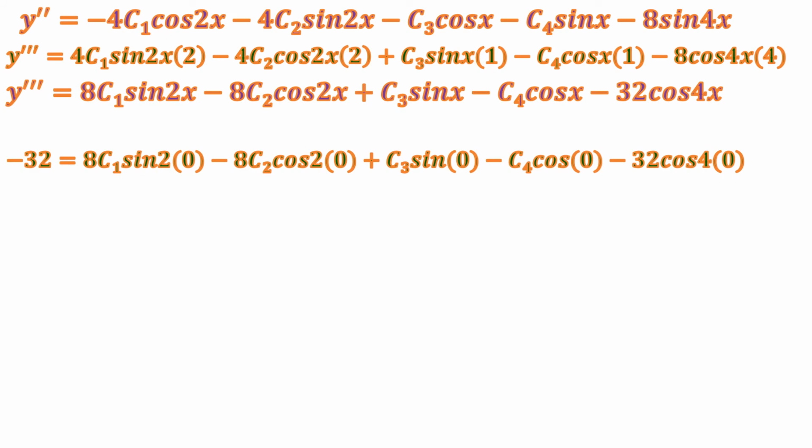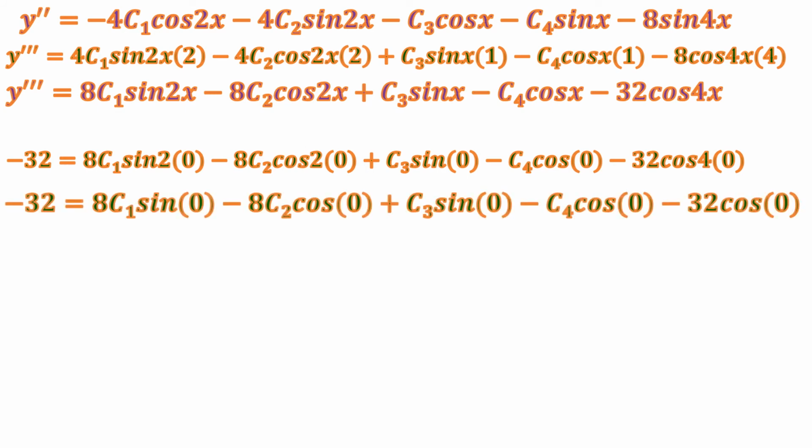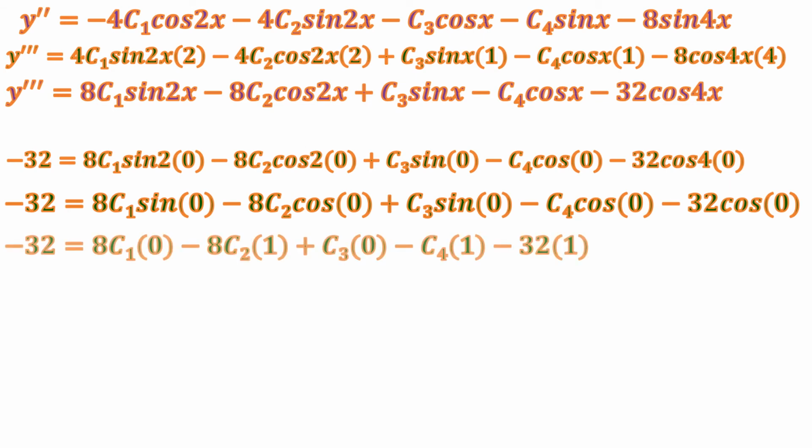So let's substitute based on the initial values given. According to the given, if x is 0, then the y triple prime will be negative 32. So we substitute, and then we multiply the angles. So you observe that it becomes 0. And then sine of 0 is 0, cosine of 0 is 1. So we change it all. Then all multiplied by 0 becomes 0, or it is gone already.